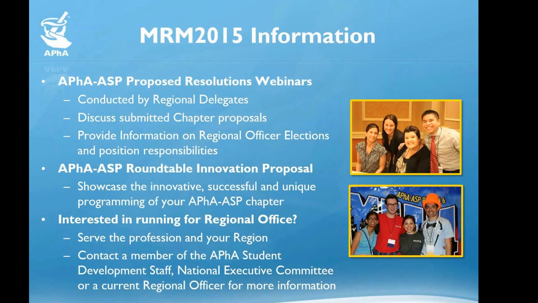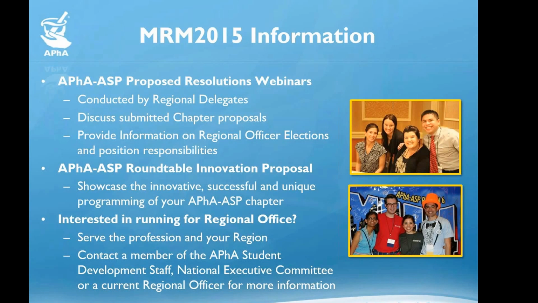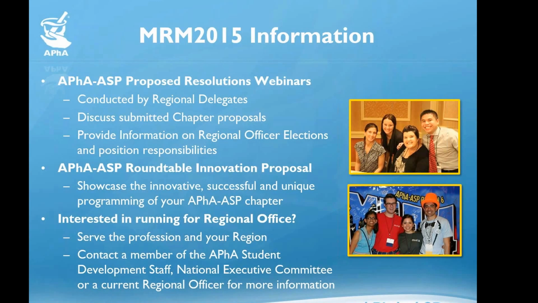And of course, if you're interested in running for regional office, you can contact a member of our staff or the National Executive Committee or a regional officer for more information. The elections for regional office do occur at MRM, so make sure you reach out to your NEC members or your regional officers before MRMs in October.